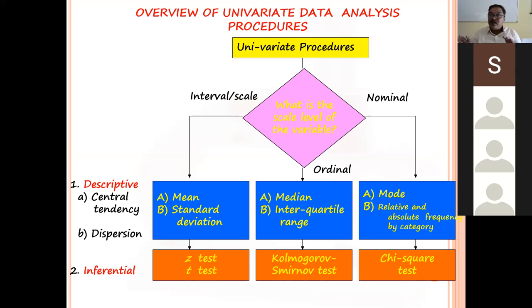This is also descriptive statistics. I'm not going beyond that. You are saying there are 30% female and 70% male. You are saying only that, and you are not arguing that the participation of male is more compared to female.